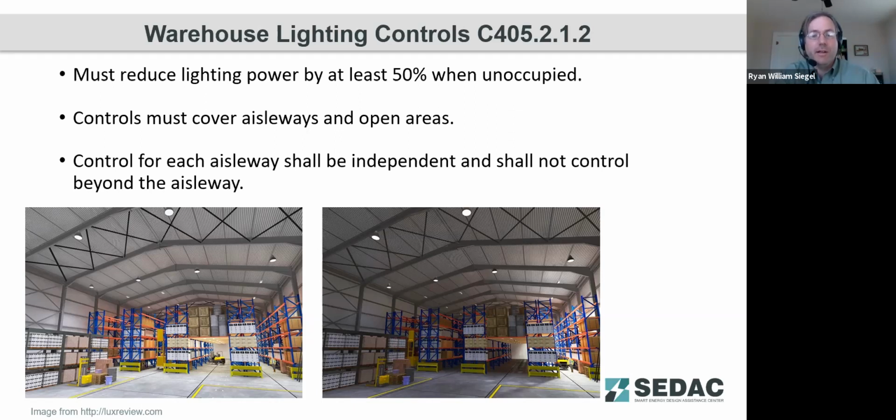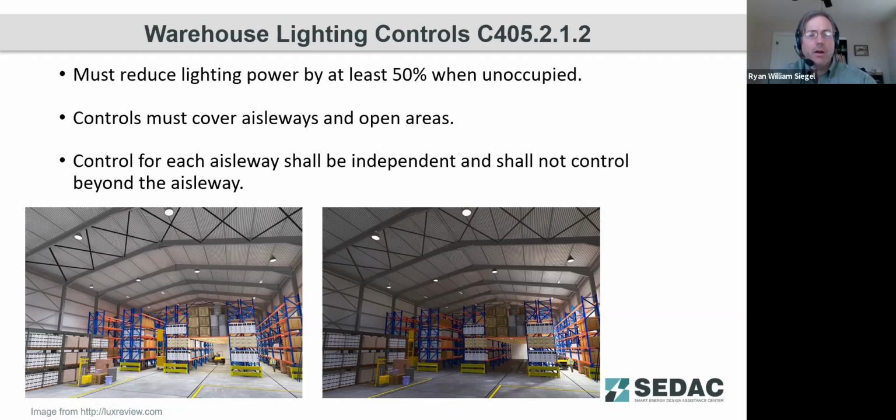Off is perfectly fine, but the important thing here is it has to go down by at least 50%. And understandably, we need to make sure that we're controlling aisleways separate from open areas, because if we have people working in this aisle, we don't necessarily need to light the aisle that's beside them. Only the one that they are in needs to be at full brightness.